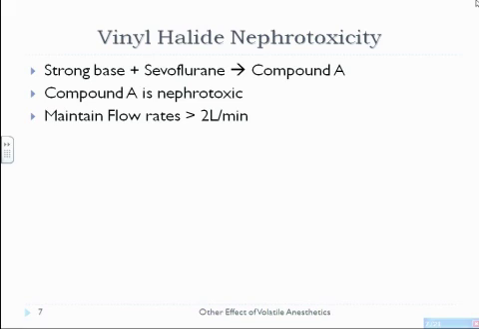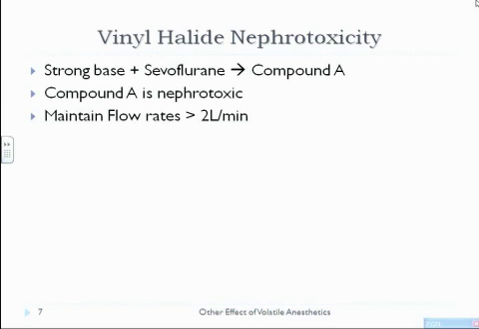Now, compound A itself is nephrotoxic at certain levels, but if you can maintain high enough flow through and prevent the formation of high levels of compound A, you don't have a problem. The paperwork still recommends flow rates of over 2 liters per minute. In the prior paper by Binot, he used a combination of sevoflurane plus nitrous oxide, and he never got to the toxic ranges most of the time, so he never saw any compound A toxicity.